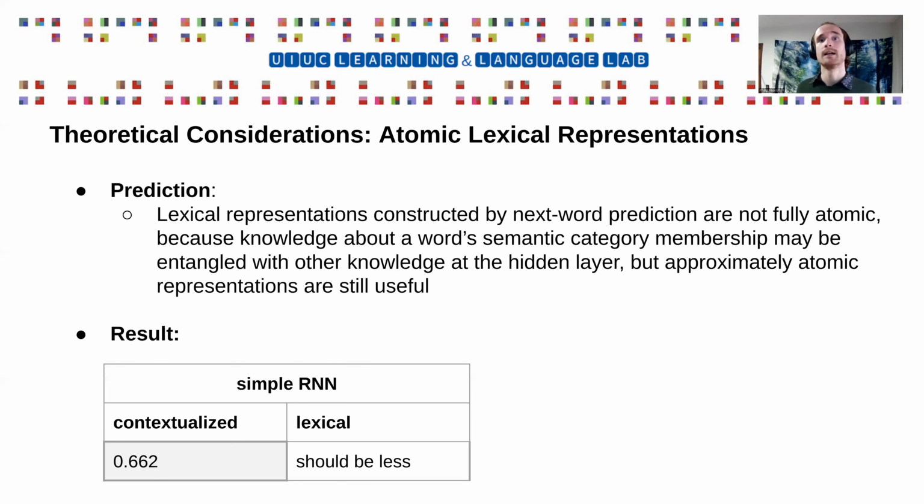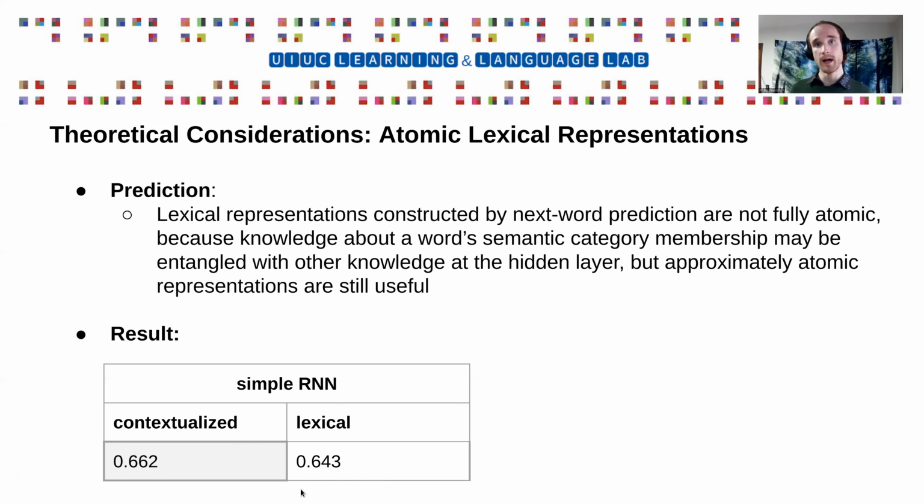So it should be less, but it's actually not much less, right? Extensive simulations, over many simulations, have shown that you don't lose much information. Lots of information that is in the contextualized representations actually does trickle down into the lexical representations, right? Remember, where the knowledge is statically readily accessible.